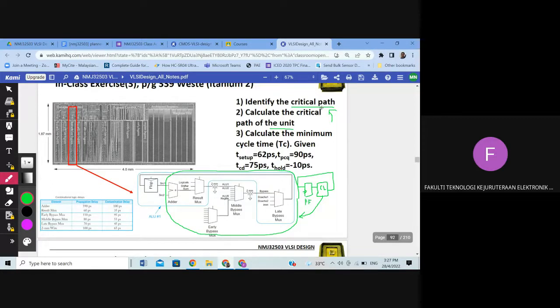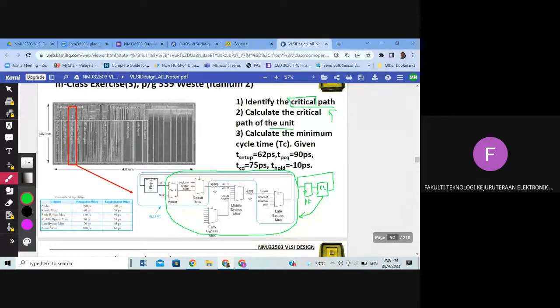When we talk about the critical path, the word critical here, I think you have understood, because we have discussed it not only in this but in other subjects. Critical means the maximum, the longest path. Why do we say critical?